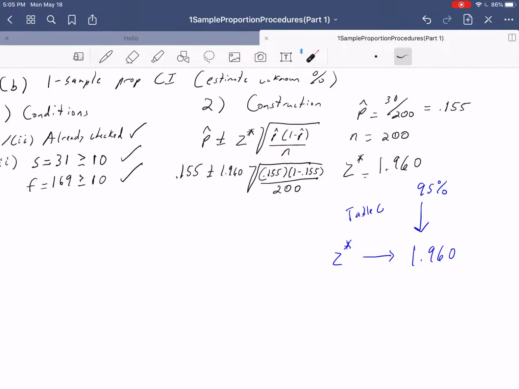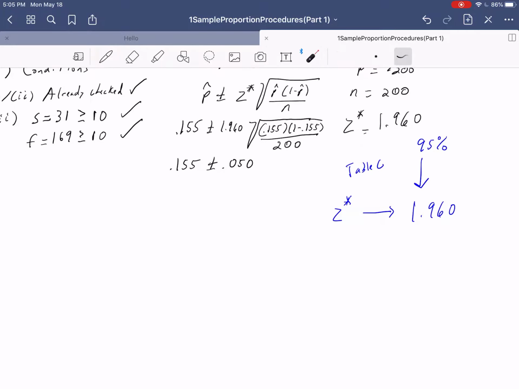So we'll be putting in 1.960 times the square root of 0.155 times (1 minus 0.155) divided by 200. And when we do that, we should get 0.155 plus or minus, we'll keep 3 decimals again, 0.050.